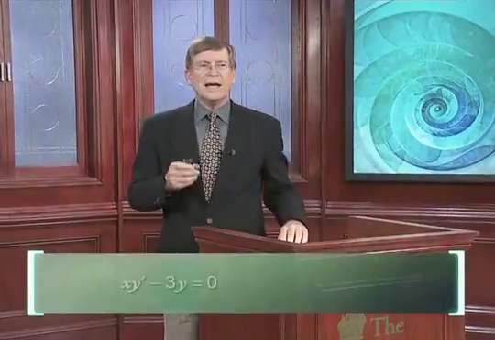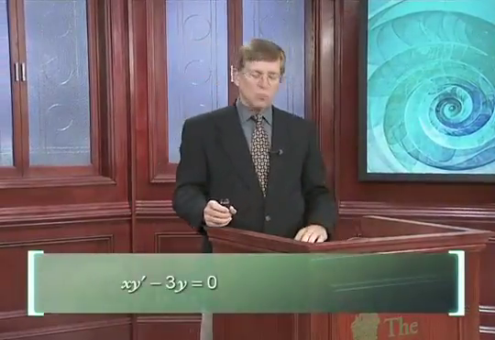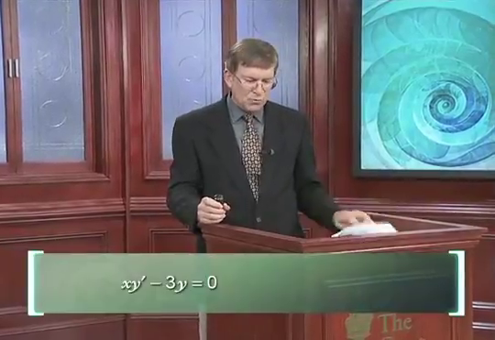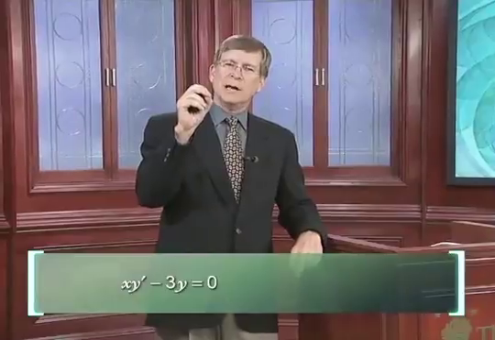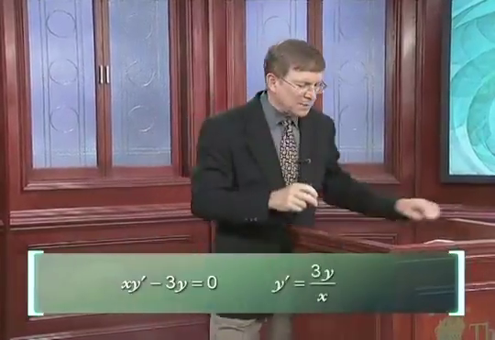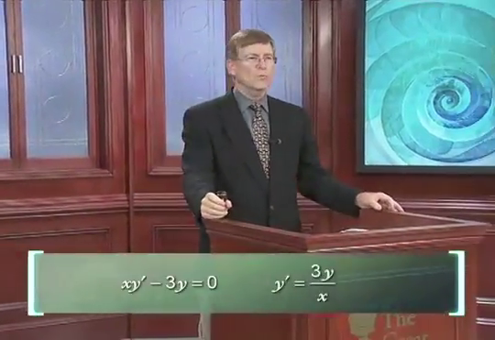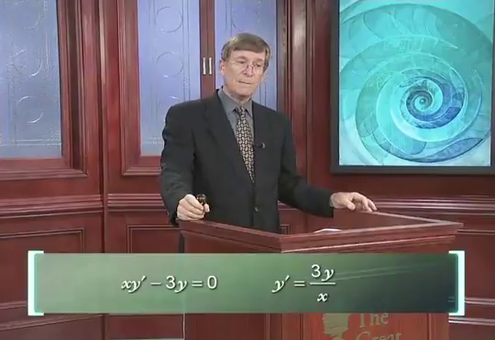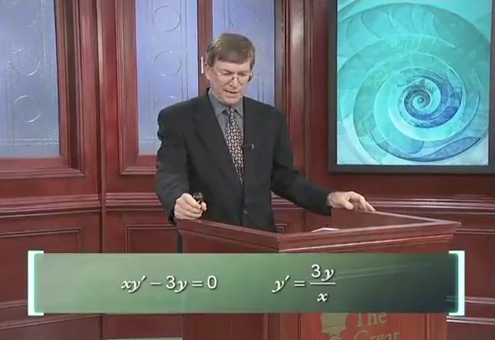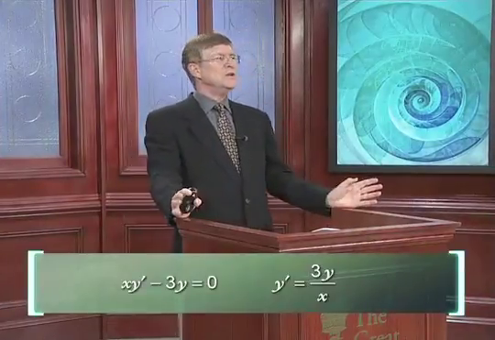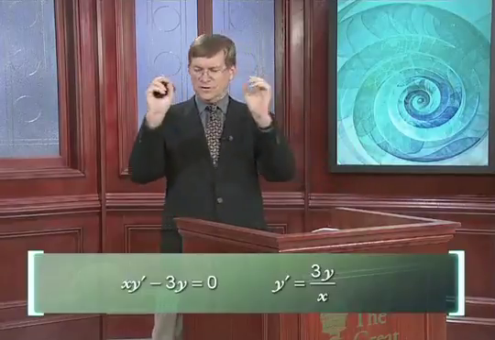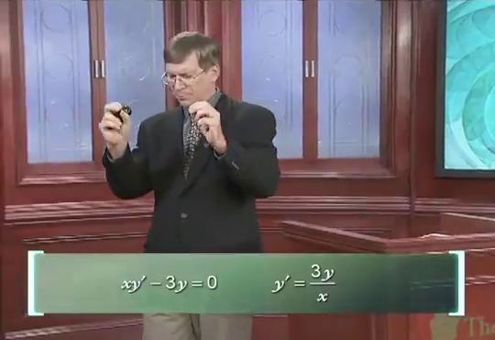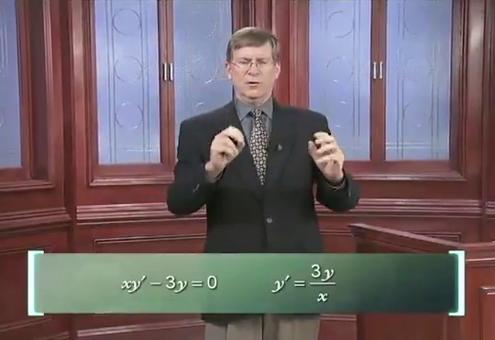In that previous problem we just did, we had the differential equation xy prime minus 3y equals 0, and we can solve for y prime to get y prime equals 3y over x. So y prime is 3y over x. Now imagine you didn't know the solution to that equation. All you were given was the differential equation y prime equals 3y over x.